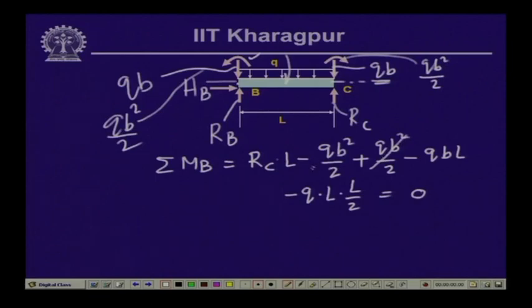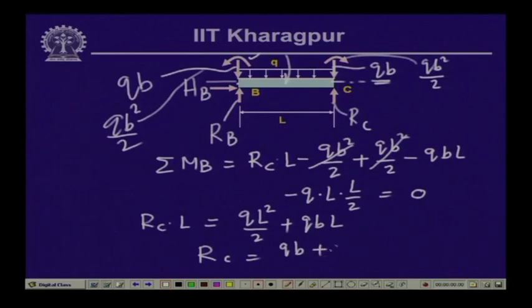Now, this part gets cancelled. So, we have R c times L equals q L square by 2 plus q b L. So, this gives us a value of R c as q b plus q L by 2. Now, you can readily evaluate this value of R c from observation also.